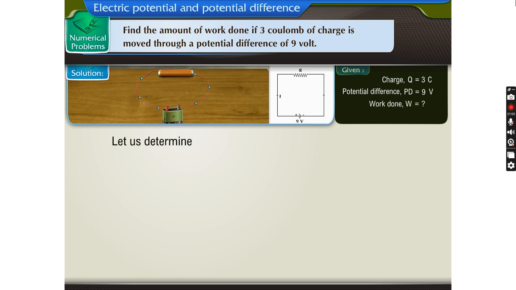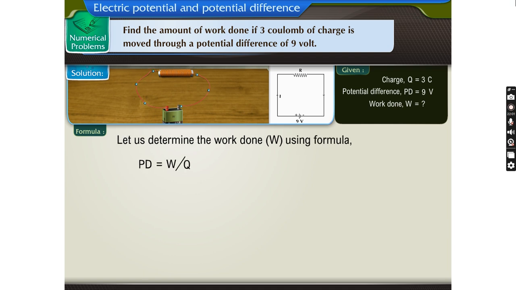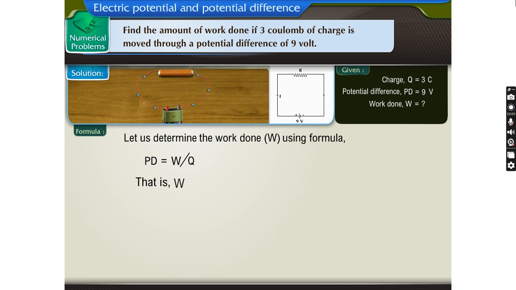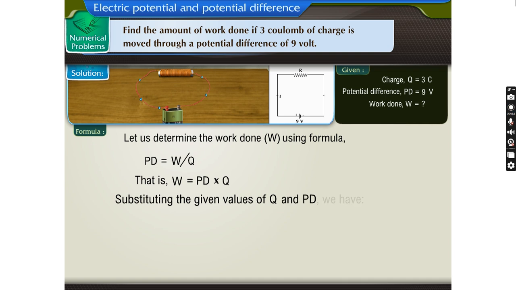Let us determine the work done W using formula PD is equal to W upon Q. Therefore, W is equal to PD multiplied by Q. Substituting the given values of Q and PD, we have W is equal to 9 multiplied by 3.